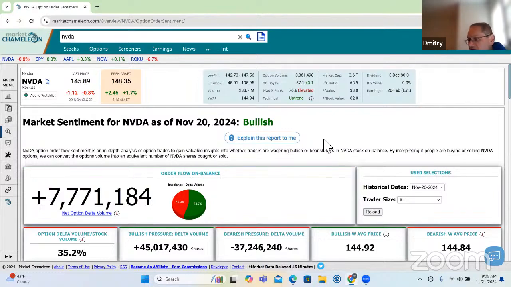So there's a lot going on, and the analytics here are trying to analyze those markets to determine where the incoming orders are coming from.